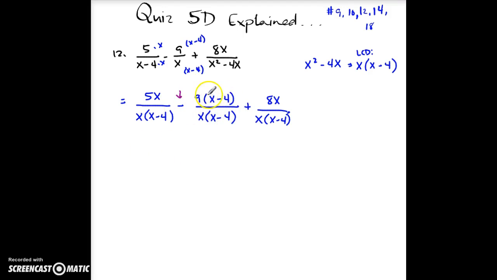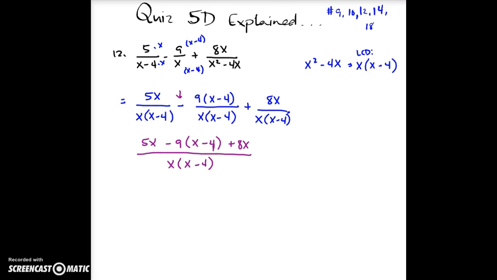So in this case, we already do have parentheses, so we're fine. So we have 5x minus 9 times x minus 4 plus 8x, and that's all going to be over x times x minus 4.